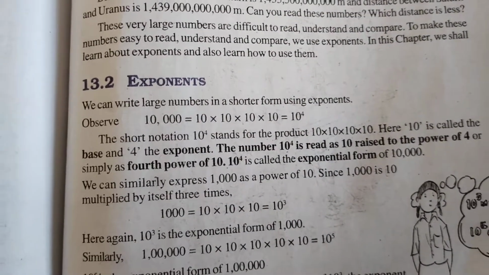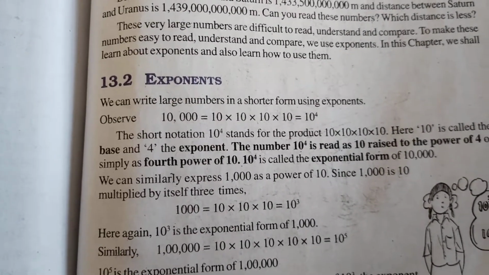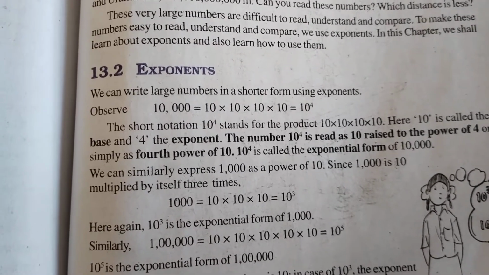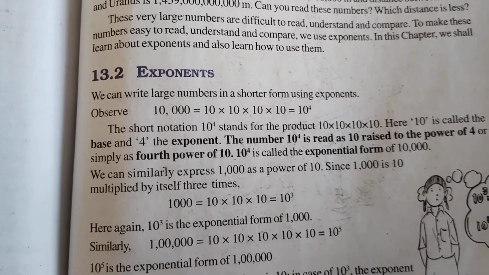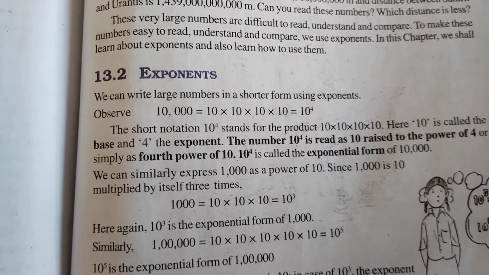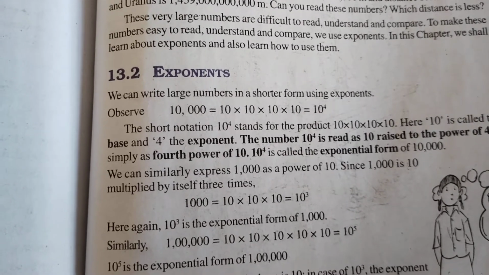Observe that 10,000 is equal to 10 into 10 into 10 into 10, that is 10 to the power 4. So the short notation 10 power 4 stands for the product of 10 four times. Here 10 is called the base and 4 is the exponent.